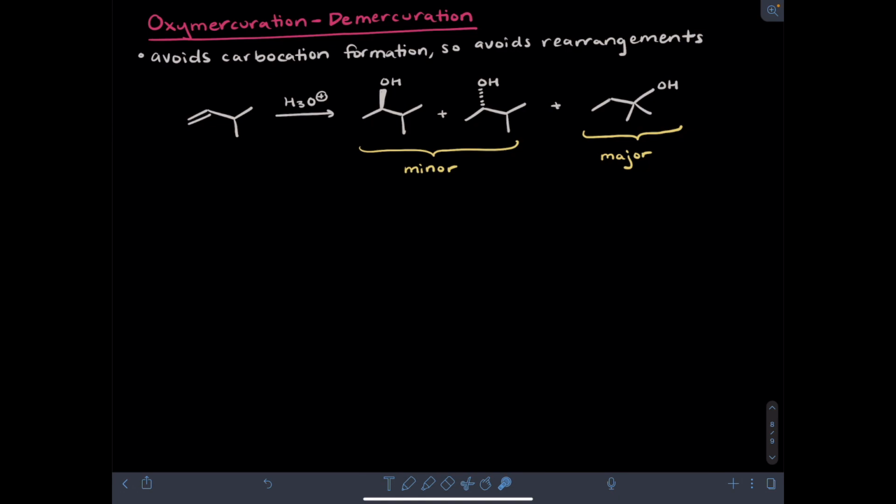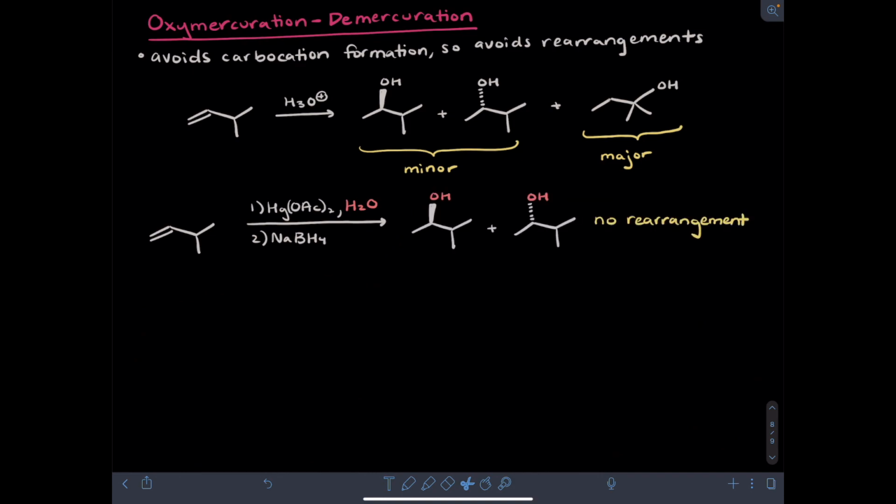Let's consider that instead you wanted the other product, the minor product, where a carbocation rearrangement had not occurred. A way to get this product instead is to treat that alkene with the oxymercuration-demercuration reagents. The first step will involve treatment with mercury acetate and water, and the second step is treatment with NaBH4.